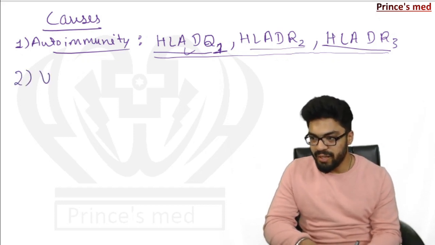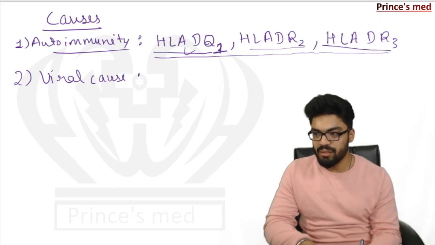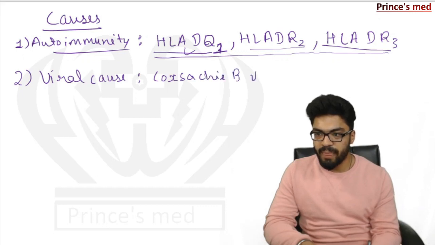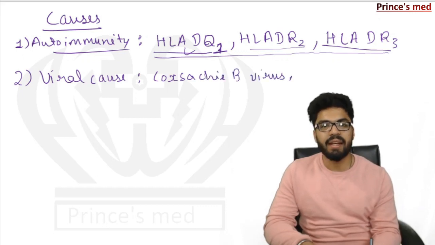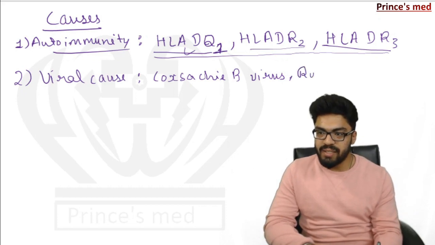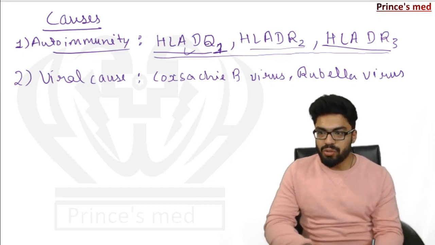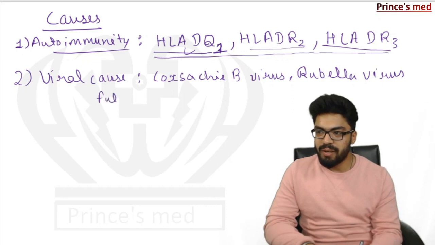The next cause is viral. Viral causes are the Coxsackie B virus and then the rubella virus, which cause fulminant diabetes. Why do we say the name fulminant diabetes?